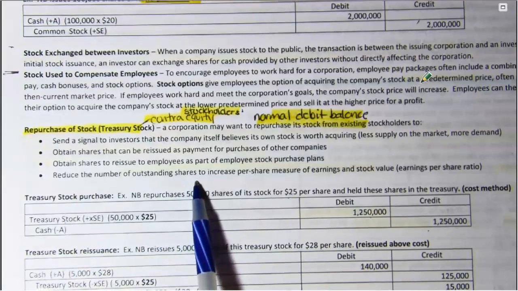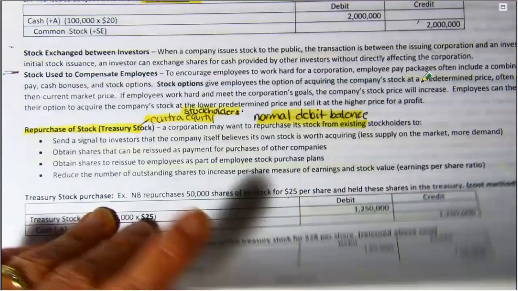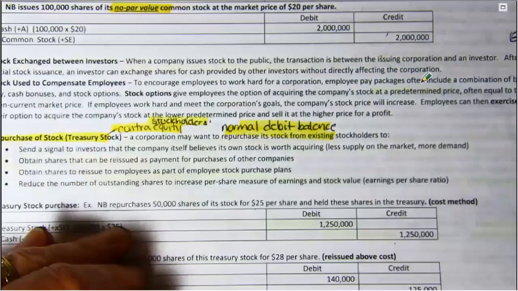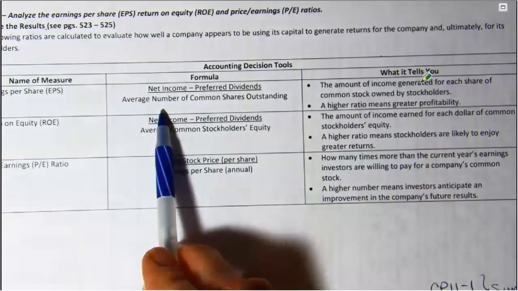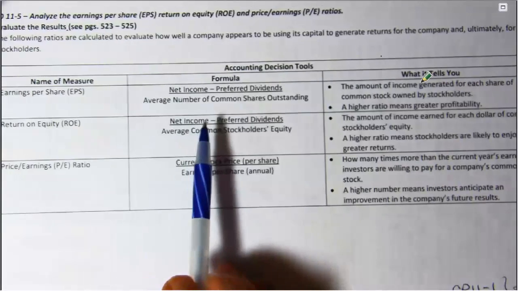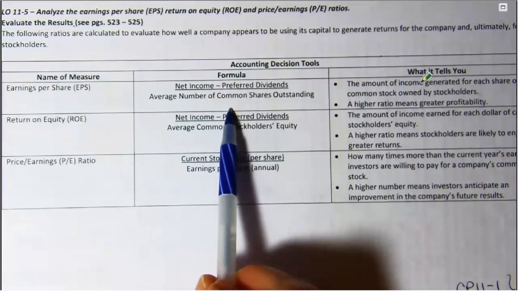Now, how does this work? We're going to learn this ratio in a few days. Let's see if I can pull it forward here. It's called the earnings per share ratio. What it basically tells you is how much net income per share of common stock.